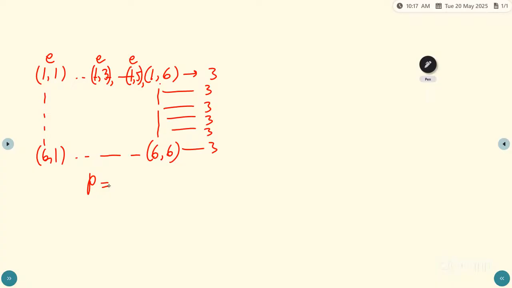Odd sum means? What is the probability of getting an odd sum? Again, 18 by 36. Write down.